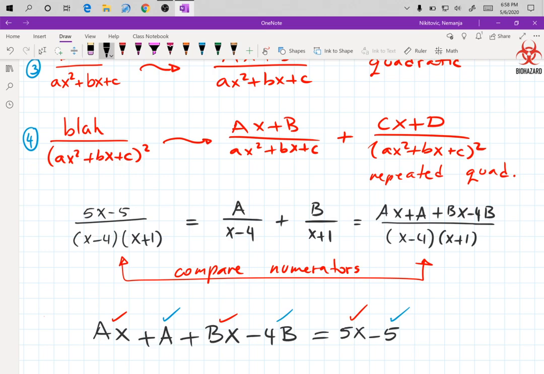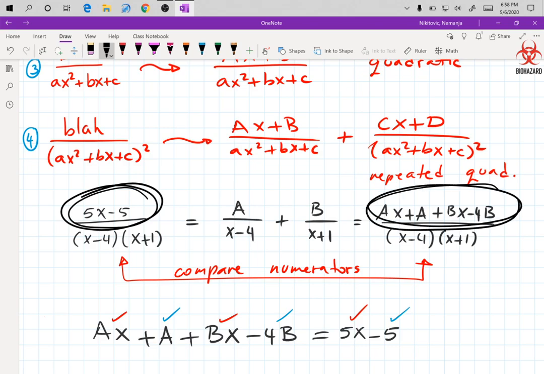Then I'm going to use algebra to cross multiply, so you get your Ax plus A and Bx minus 4B. And you can see this arrow now which says compare numerators. So now this equals that, because the denominators are the same, so you just need to have the same on top.